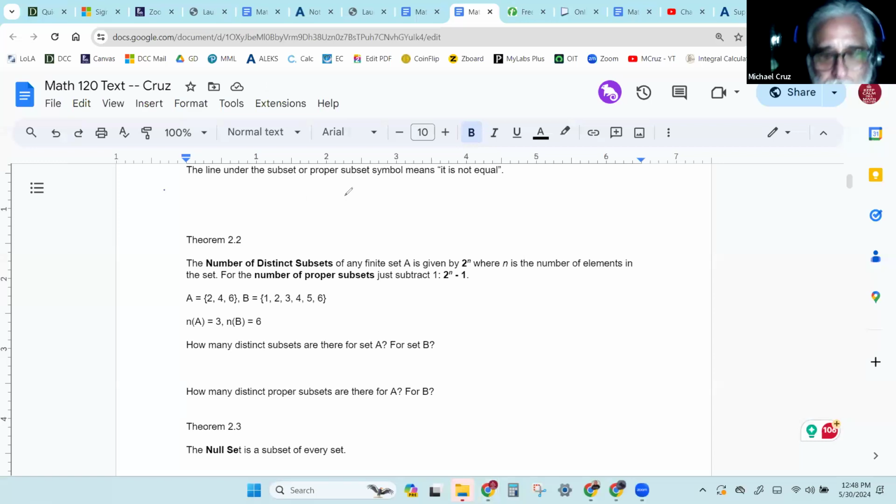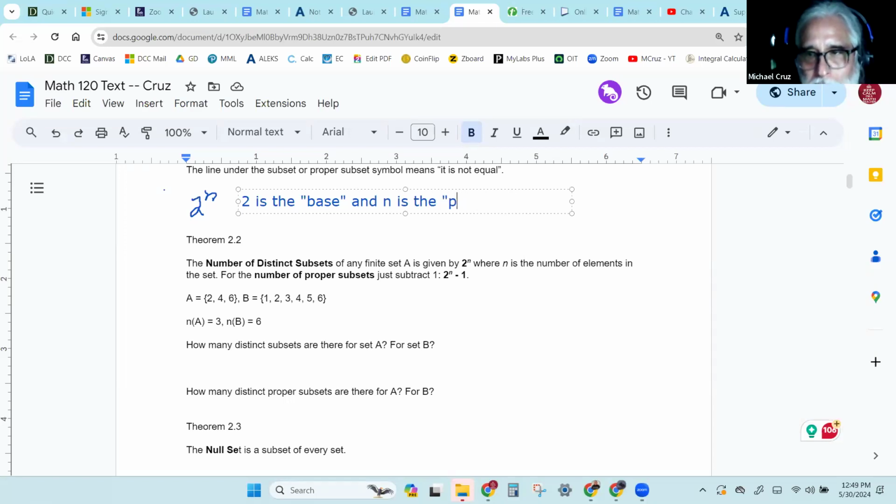Let me write this out then. So 2 to the n, where 2 is the base, and n is the exponent or power.